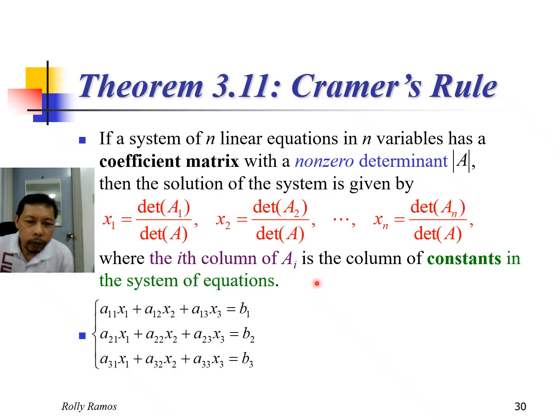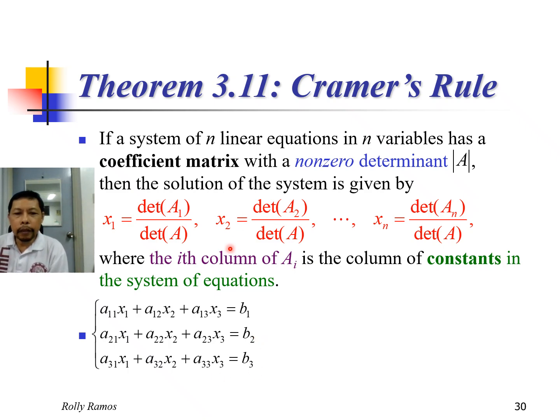Let's say we have this linear system of equations. A11 x1 plus A12 x2 plus A13 x3 is equal to B1. Second equation, A21 x1 plus A22 x2, and so on.